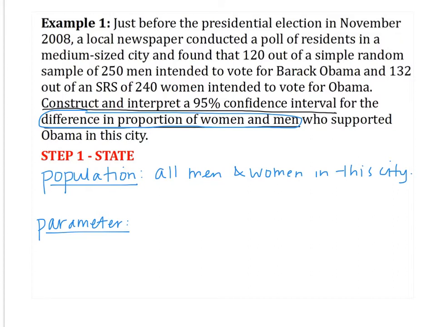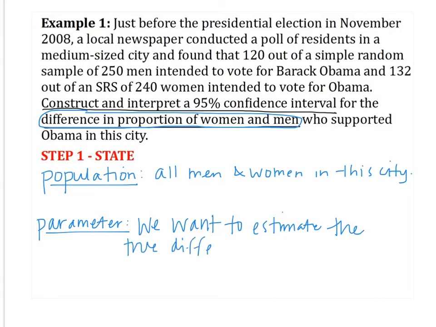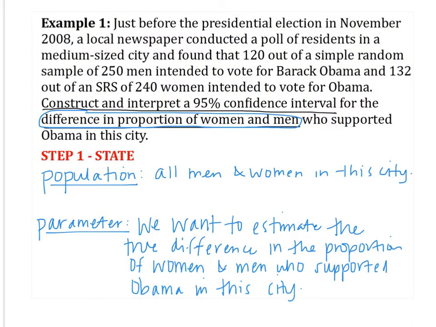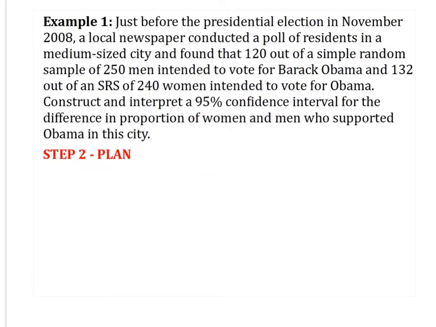So that's all we have to write for the parameter. We want to estimate the true difference in the proportion of women and men who supported Obama in this city. So this is my state step, population and parameter. Since it's not a significance test, there are no hypotheses, so we can move on to the plan step.